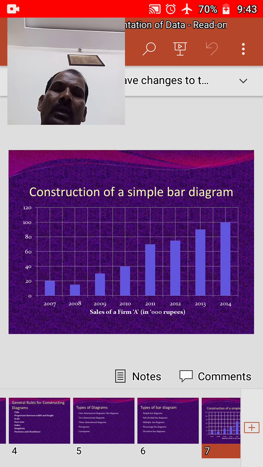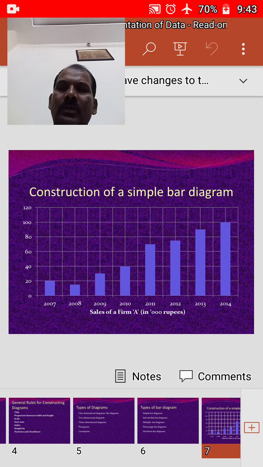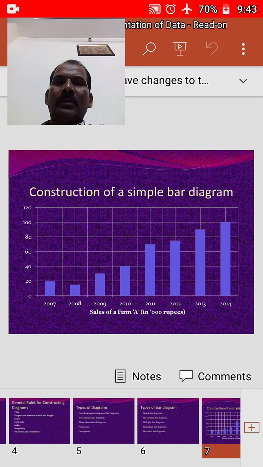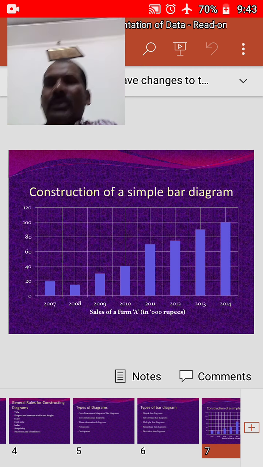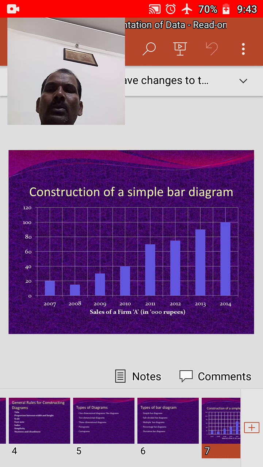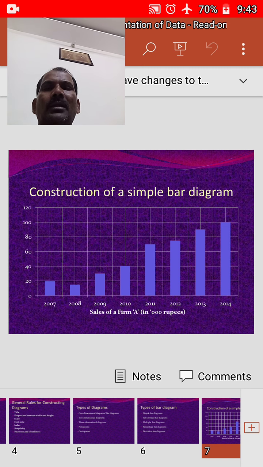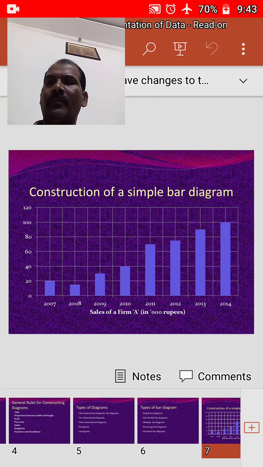If you look at the PPT, you will see a diagram, that is construction of a simple bar diagram using the data given. Years are given as 2007, 2008, 2009, 2010, 2011, 2012, 13 and 14. This data pertains to a time series, given in chronological order.